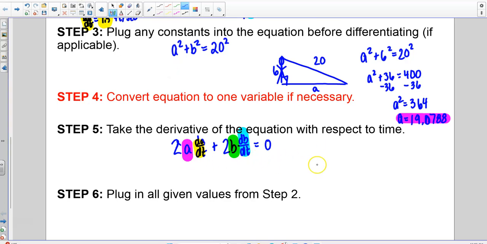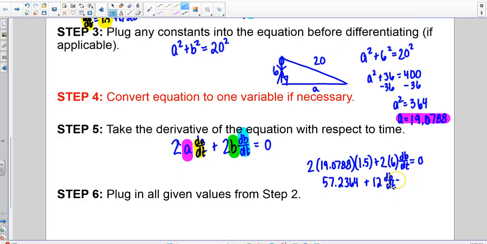So we have 2 times 19.0788 times the dA dt, which was 1.5, plus 2 times 6 times dB dt is going to equal 0. 2 times that 19.0788 times 1.5 is going to give us 57.2364 plus 12 dB dt.